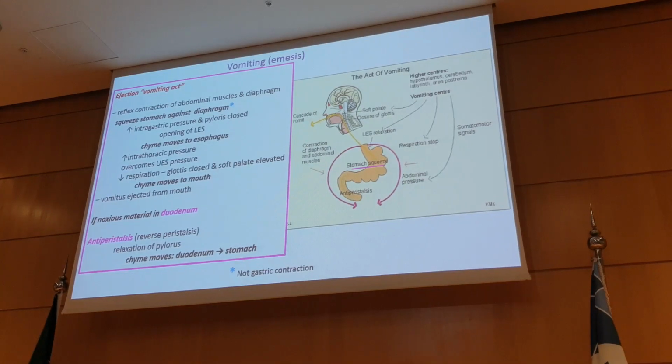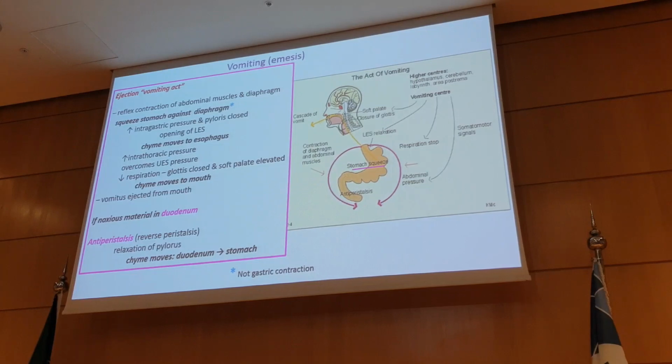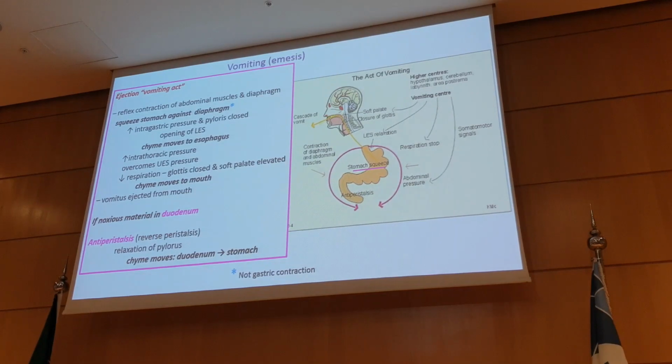Now, we're talking about the stomach, most of your vomiting will be in the stomach. And if you have irritation in the duodenum, then it's one of the few cases of either retroperistalsis or anti-peristalsis, whatever you want to call it. You can Google both terms. But the intraneural circuitry gets shifted from going downstream to going upstream.